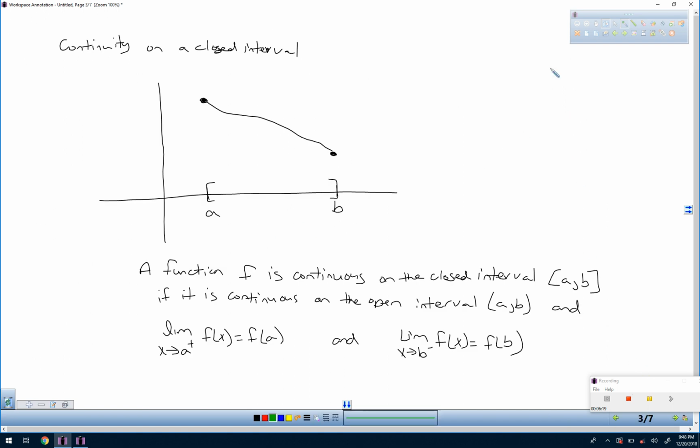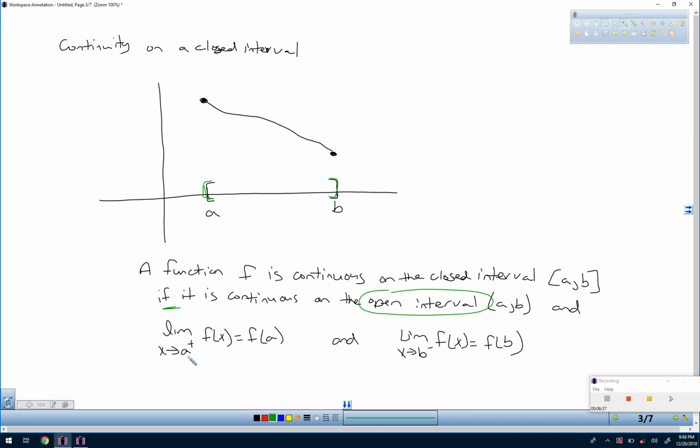Continuity on a closed interval. This is very straightforward. If you have a closed interval from a to b, closed interval means that those end values are included. A function f is continuous on the closed interval a, b if it's continuous on the open interval a, b. So in other words, there's no holes, no gaps anywhere between a and b.